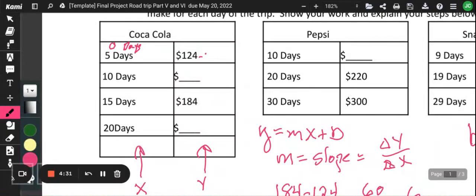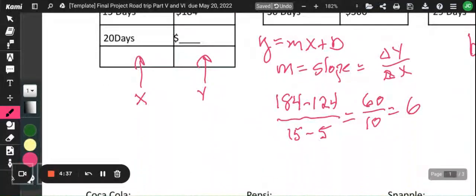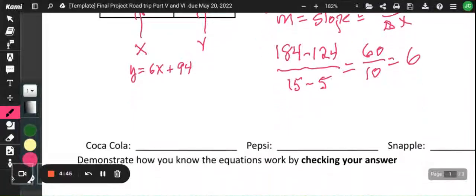So 124 minus 30 is 94. So b equals 94. So I'm going to have y equals 6x plus 94. And then I can put that right here, y equals 6x plus 94.